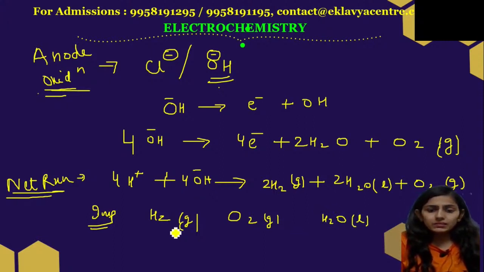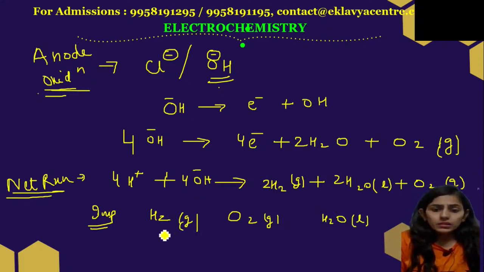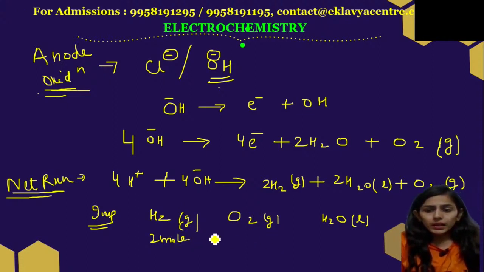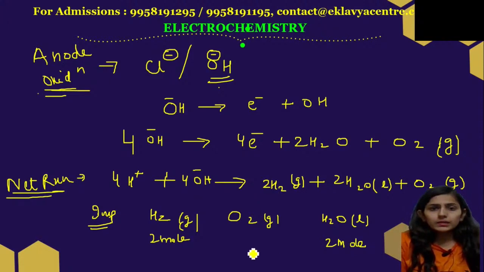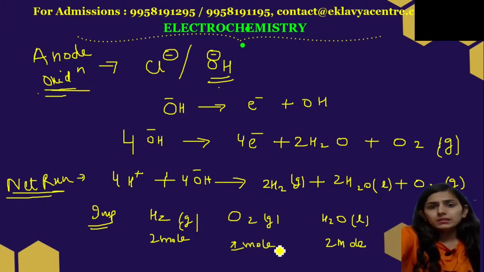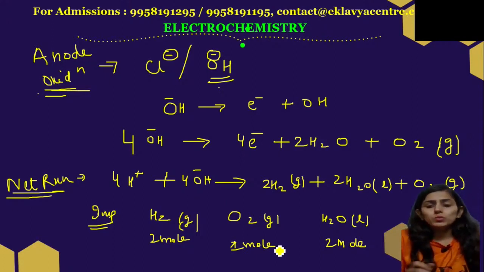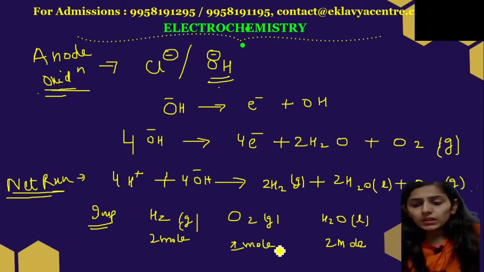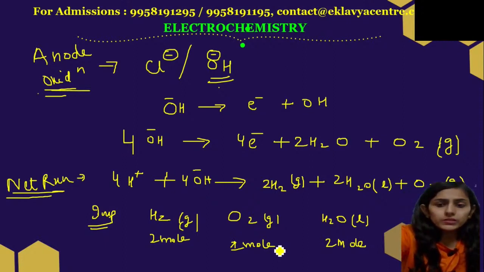So at the end, we get 2 moles of hydrogen gas, 1 mole of oxygen gas and 2 moles of water, right?